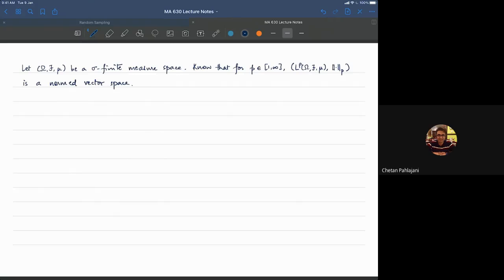To do that, let's remind ourselves of a couple of things. Here's a definition, which you will have studied; this is not new. Let (V, norm) be a normed vector space.